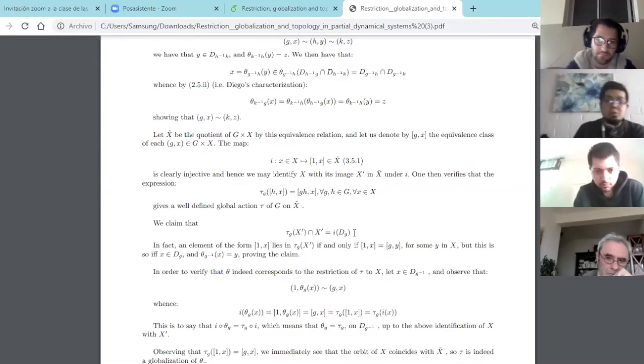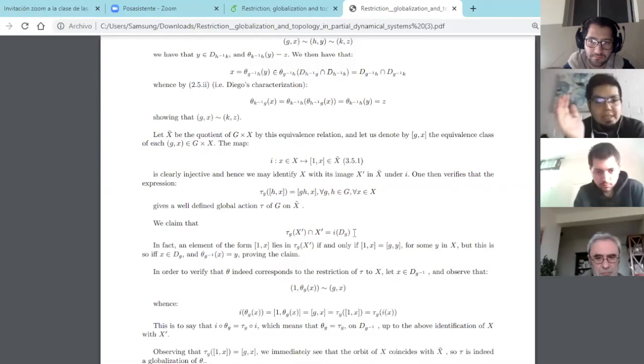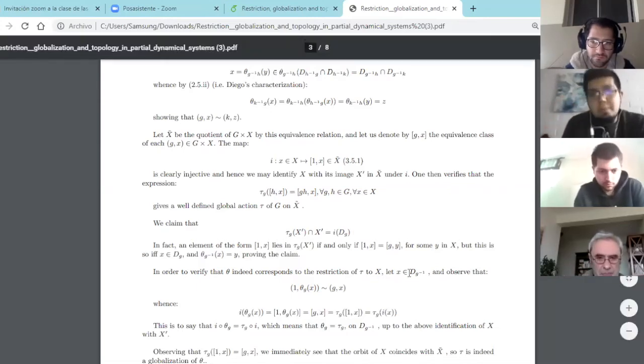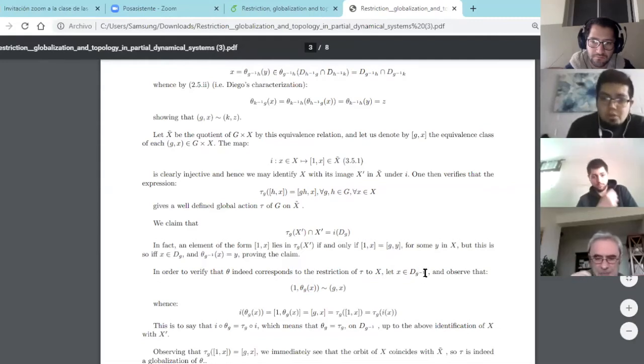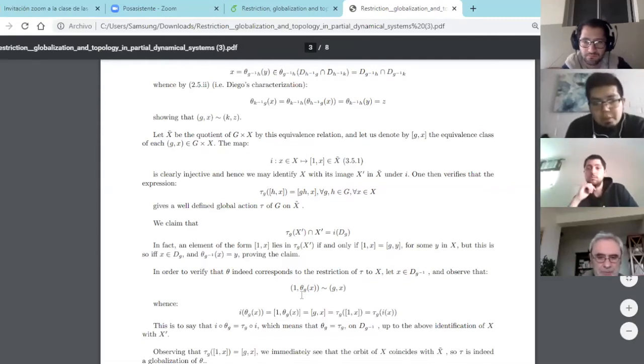So now I want to verify the other direction, that theta is indeed the restriction of tau to X. So we take an element of this domain and we observe that this is related to this object, right? This is what we were telling.